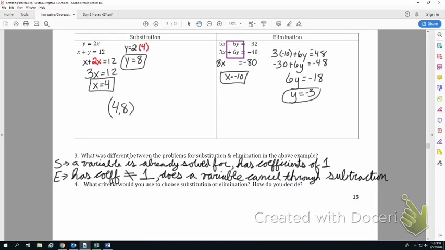Sometimes you'll have to change one of the equations if you use elimination. Okay? And then I'll talk about one like that here in just a minute. So you need to kind of look. I would recommend that you look to see, depending on what's given, which method is going to be easier for you. All right?